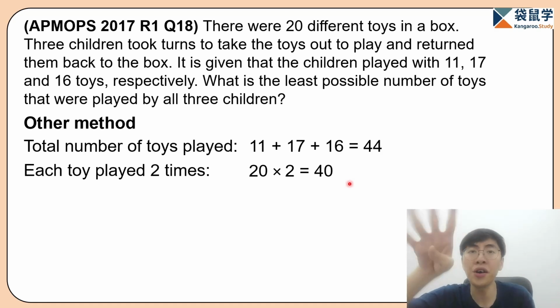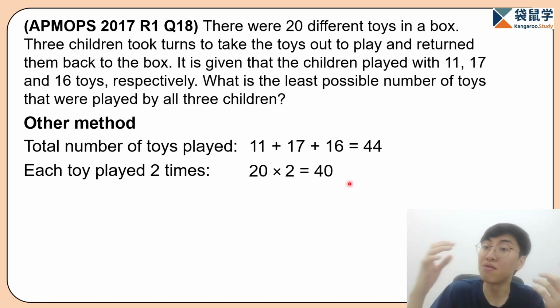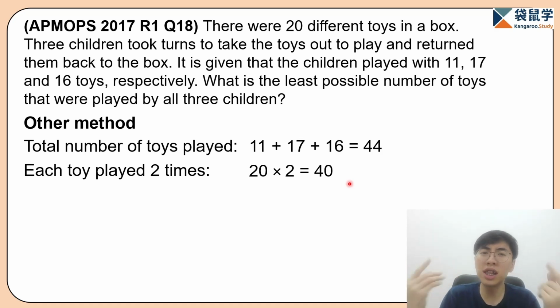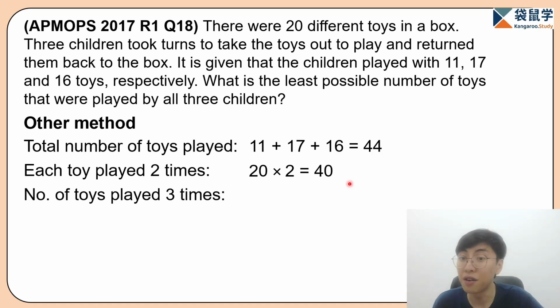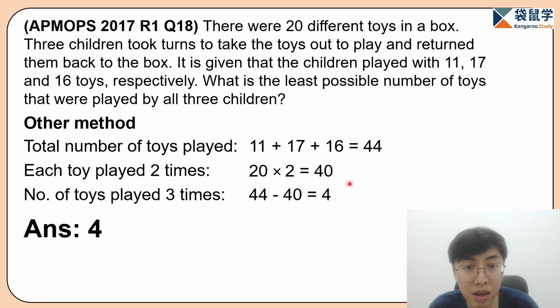But we need 44 times to be played. But we can only play 40 times if each of them is played 2 times. So, what is the least possible number of toys ever played by all 3 children? We just have to take 44 minus 40, and that is 4. And immediately we are able to get to our answer.